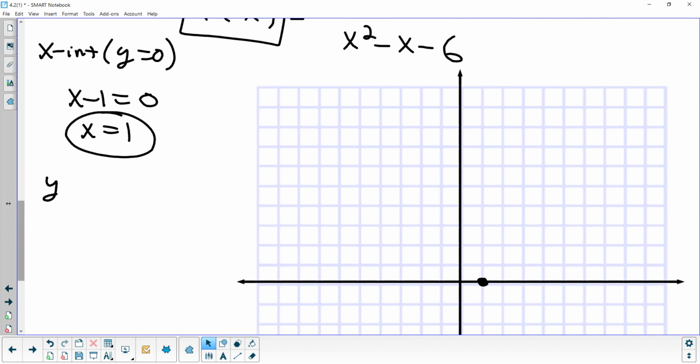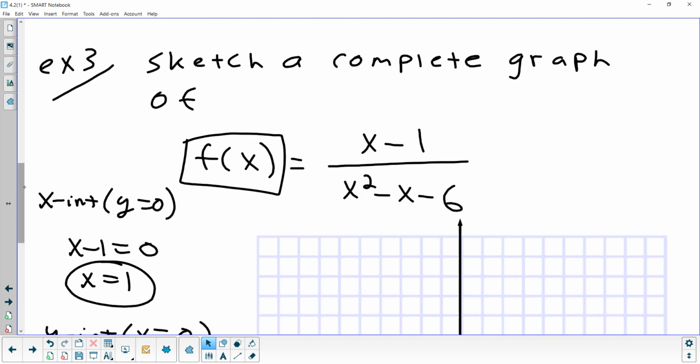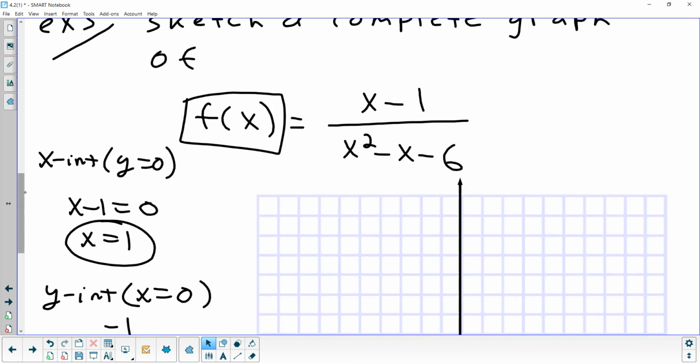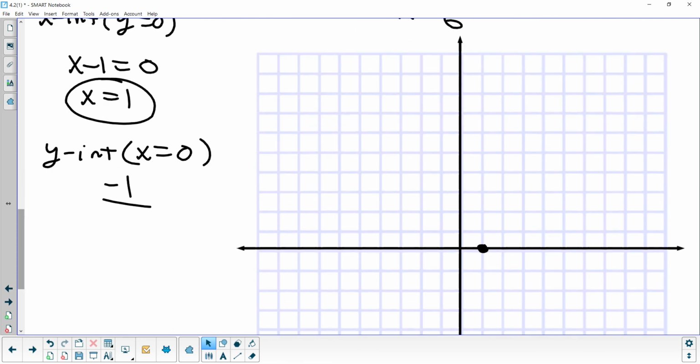Okay, y-intercept. Y-intercept is when what? When it crosses the y-axis. And how do we find that? X equals 0. So it should be pretty quick. When you fill 0 in the top, what do you get? -1. What about when you fill 0 in the bottom? -6.